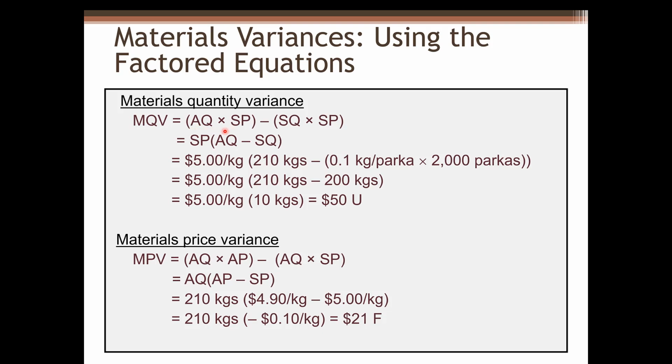Actual quantity times standard price minus standard quantity times standard price. And we put numbers here, we can get $50 unfavorable. For materials price variance, we use actual quantity times actual price minus actual quantity times standard price. And put numbers here, we can get $21 favorable.